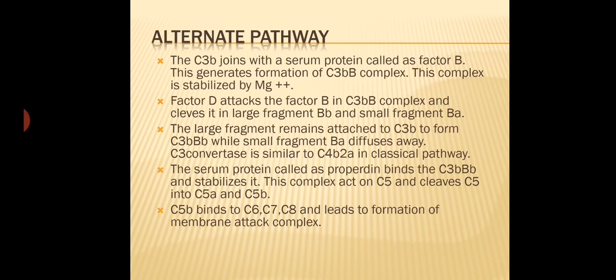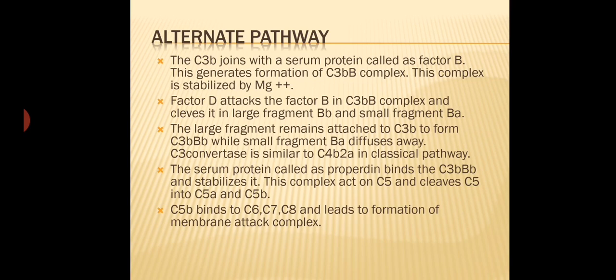Firstly, C3b acts on this virus particle, then there is involvement of factor B to form C3bB. C3bB will be attacked by factor D, and there is a conversion to Ba and Bb. Out of this, Bb will join the cascade, so C3bBb will be formed here. Ba diffuses away.